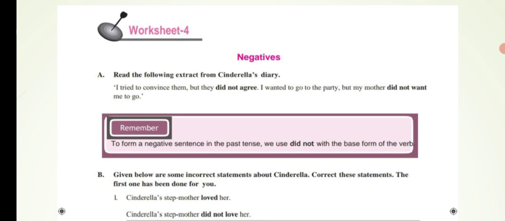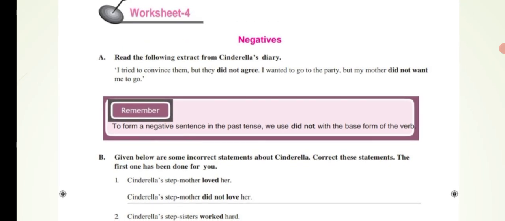Here we will not say loved her, we will say love her, because this is a very basic rule of past indefinite tense, that wherever you use did, there you have to use the first form of the verb, or you also call it base form of the verb. Now we will do the next.